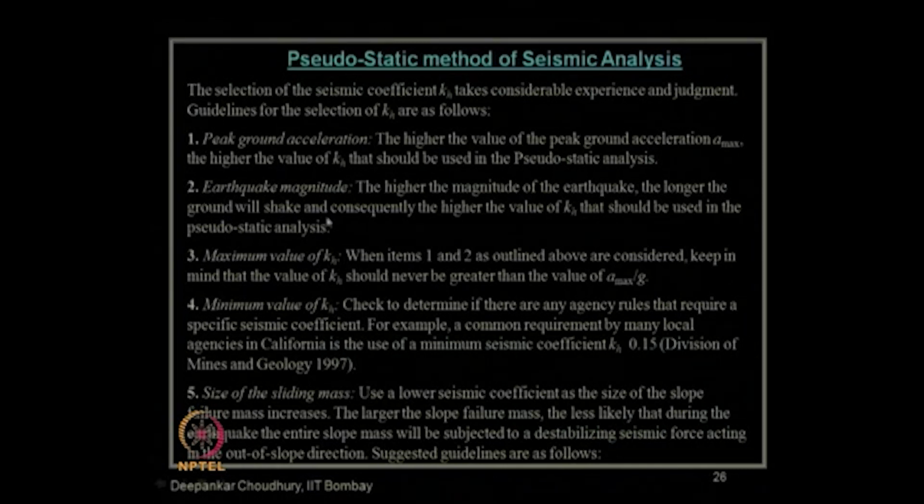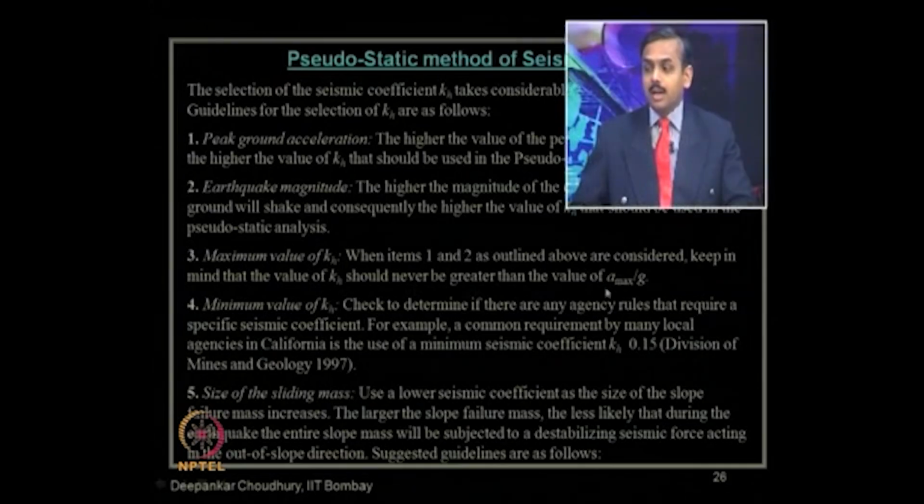Second, based on the earthquake magnitude: the higher the magnitude of the earthquake, the longer the ground will shake, and consequently the higher the value of kh that should be used in the pseudostatic analysis. Now, the maximum value of kh: when items number 1 and 2 as outlined above are considered, keep in mind that the value of kh should never be greater than this a max by g. That is quite obvious, because this is the absolute maximum value possible for kh.